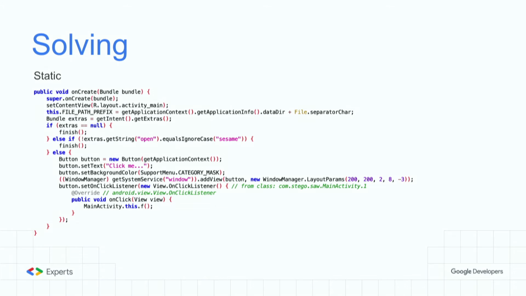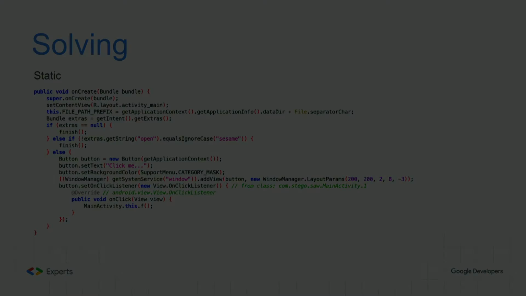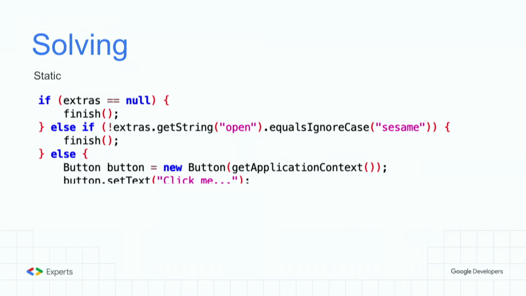And then we have this interesting part: if extras equals null, then finish the activity. It means that by default, when you open from the launcher, it starts executing onCreate, but then sends the finish signal immediately. Interesting. Another branch is that if extras is not equal to open and sysam, then finish. That's interesting. And in all the other cases, proceed.